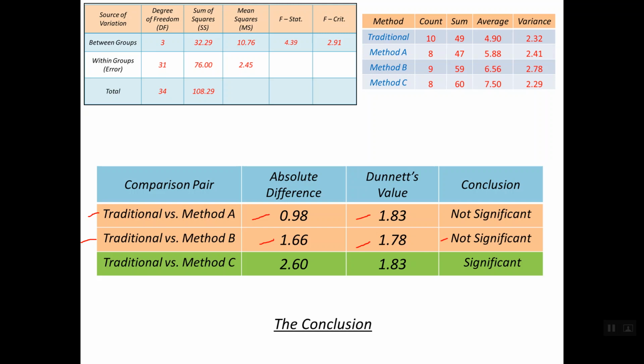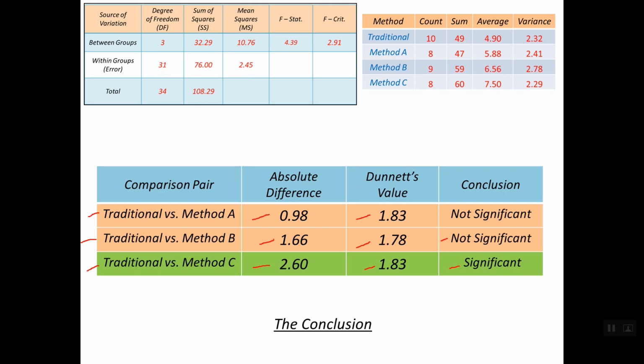The last comparison, which is between the traditional method and method C, the absolute difference is 2.60, and the Dunnett's value is 1.83. Notice that the absolute difference is greater than the calculated Dunnett's value. So we conclude that there is a significant difference between the two means.